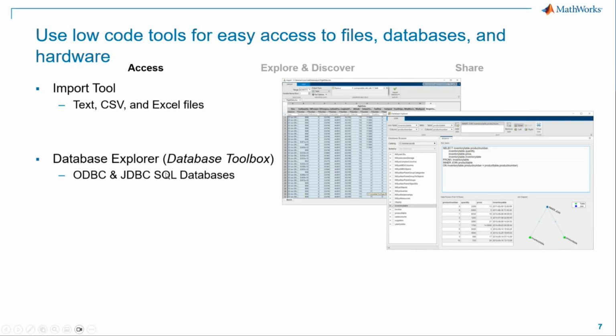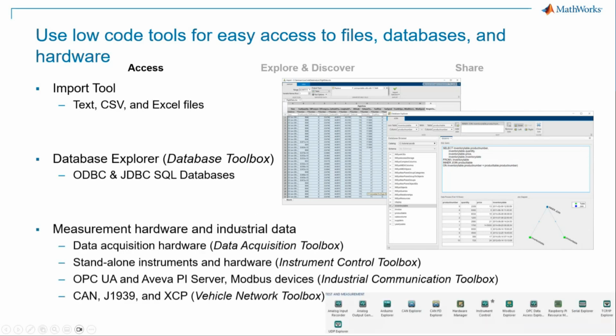For example, your data may be in relational databases. We do have the Database Toolbox, which also comes with the Database Explorer tool. And then these are different environments for how you can directly access the data.